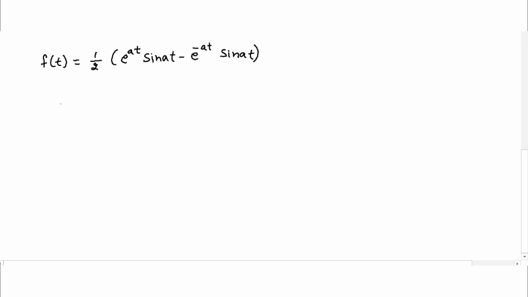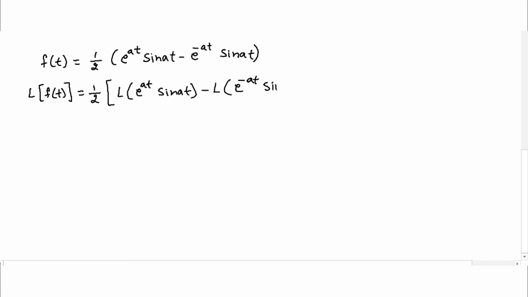So if you apply the Laplace transform on both the sides, we have Laplace transform of f of t equals half times the Laplace transform of e power of at into sin of at minus Laplace transform of e power of minus at into sin of at.